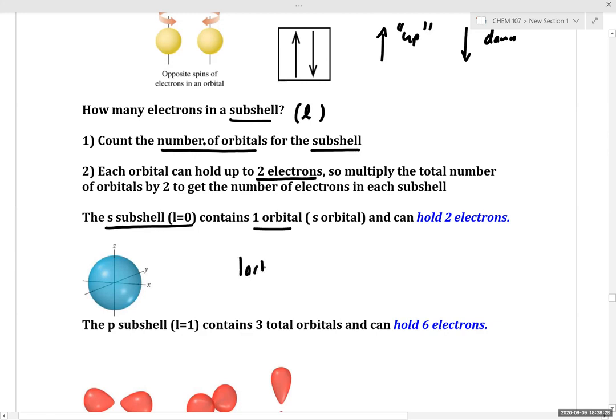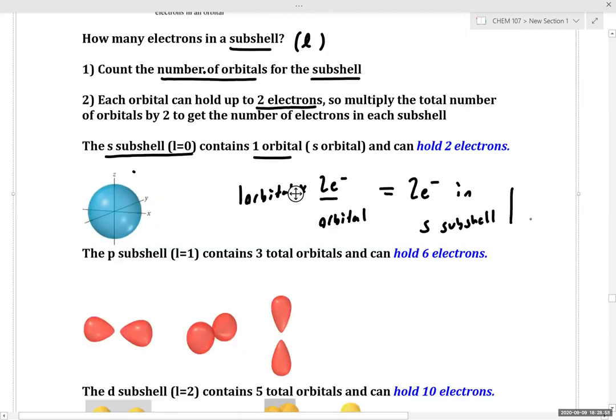Since we can have up to 2 electrons per orbital, we can hold 2 electrons in the S subshell. Does that logic make sense to everyone? We have 1 orbital, we can hold 2 electrons per orbital, so we can have 2 electrons total.